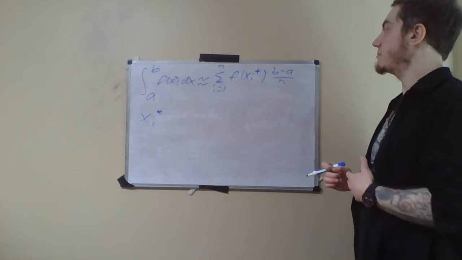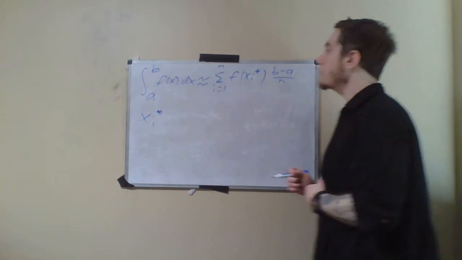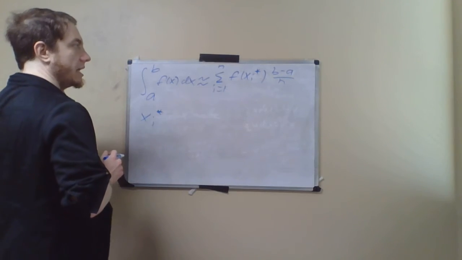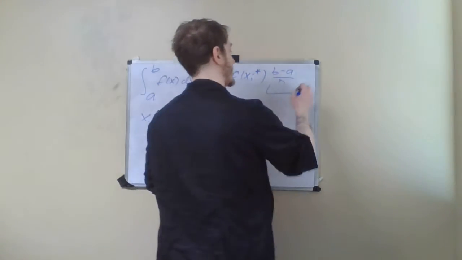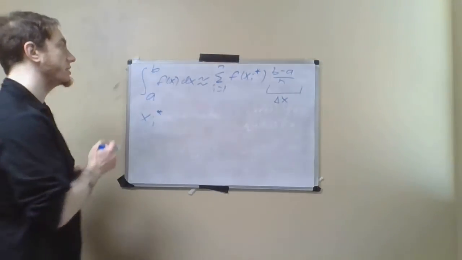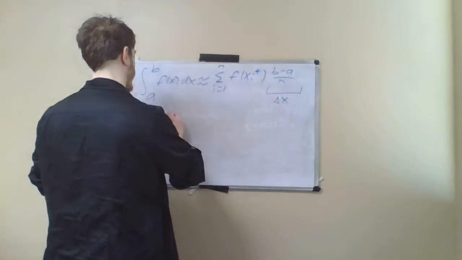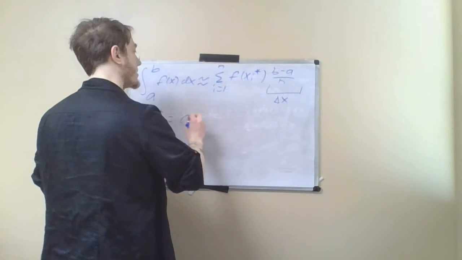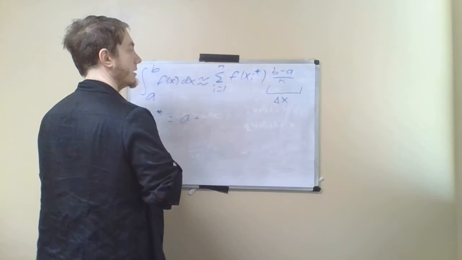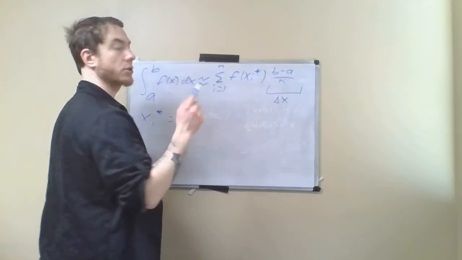And how do you find the midpoints? Well, let's call this delta x, and the first midpoint is going to be a plus delta x over 2.